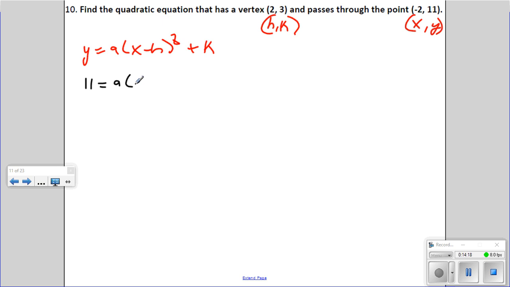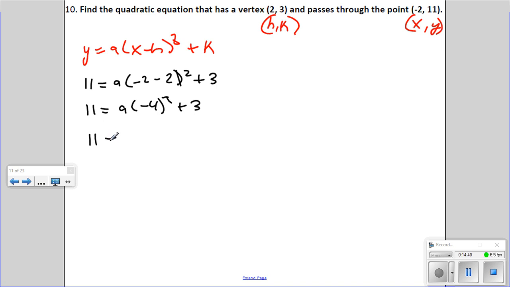It's x, which is negative 2, minus h, which is 2, squared, plus k, which is 3. So bring down your 11. Take care of the parentheses first. So negative 2 minus 2 is negative 4.